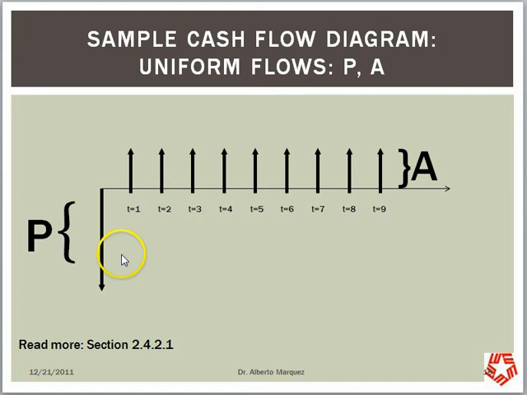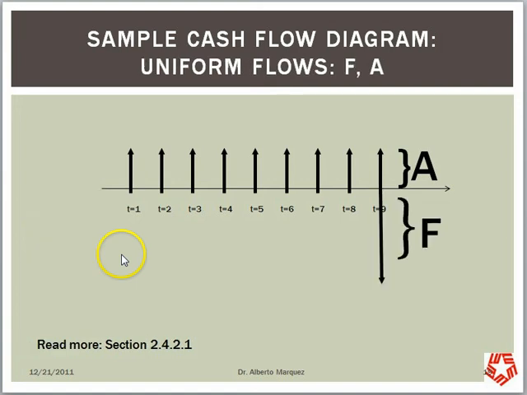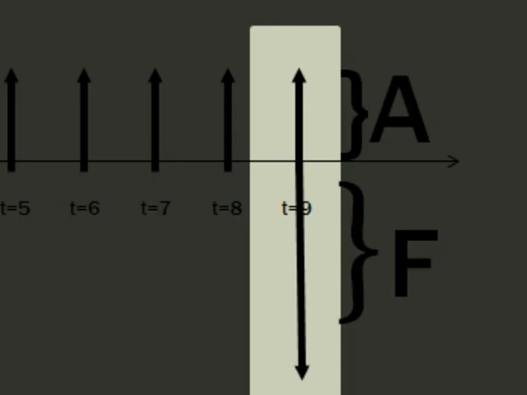Just like we have these, we also have a relation between the annuities and the future value. Notice that in this example and in every case, when we are using the formulas that relate annuities and future values, the last annuity happens at the same time where the future value is being computed.